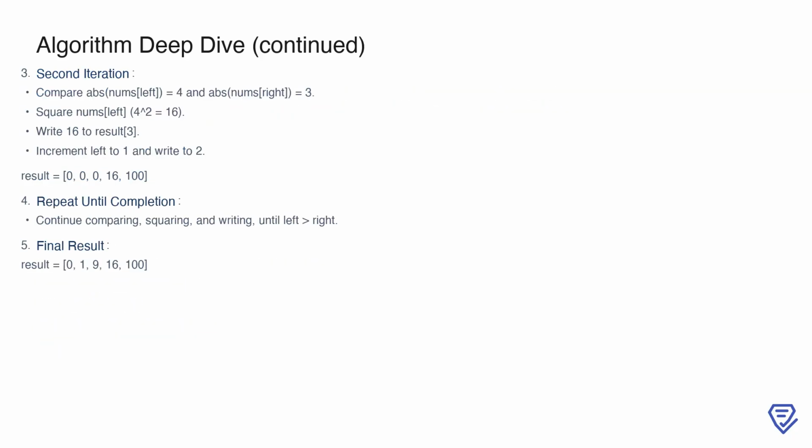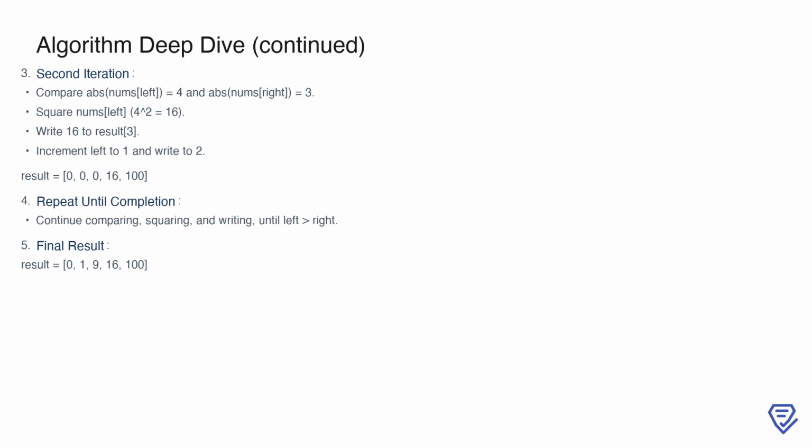In the second iteration, we compare the absolute values again, this time between nums[left], which is 4, and nums[right], which is 3. Since 4 has the greater absolute value, we square it, write 16 to result[3], increment left to 1, and move write to 2. The result array now becomes 0, 0, 0, 16, 100. This process continues, comparing, squaring, and writing values, until the left pointer surpasses the right pointer.